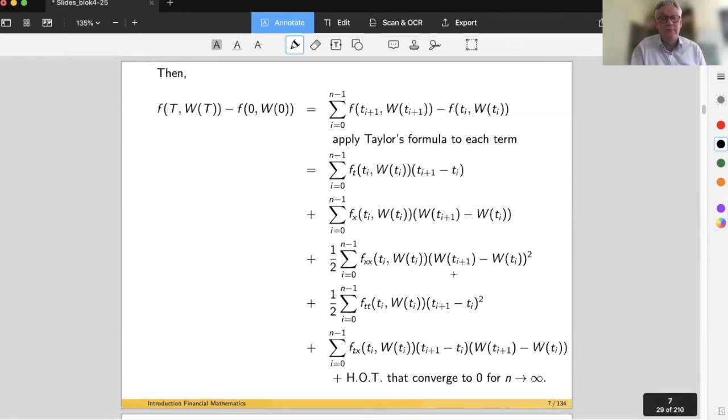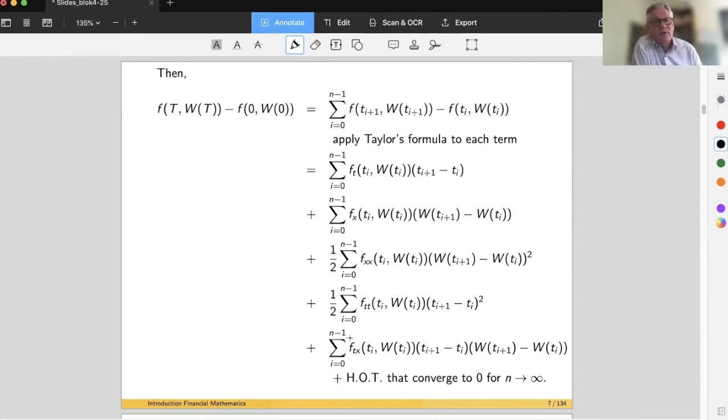And we have the mixed term, and we have two mixed terms, ftx and fxt. If we add them together, we get rid of our 1/2. So we end up with the sum, i runs from 0 to n minus 1, the mixed derivative d2f dx dt at the point ti, w(ti), times the increment in time, ti+1 minus ti, times the increment in the Brownian motion, w(ti+1) minus w(ti).